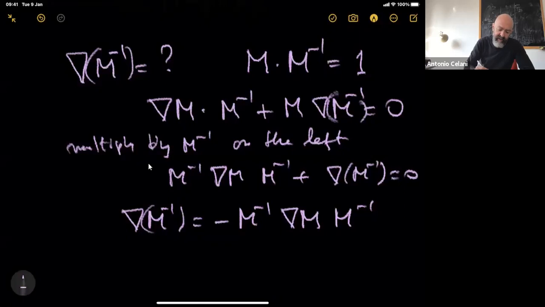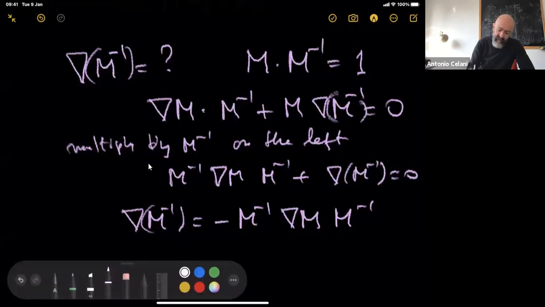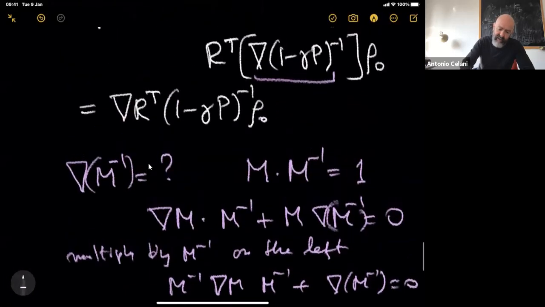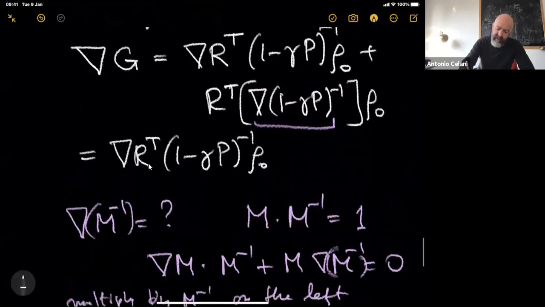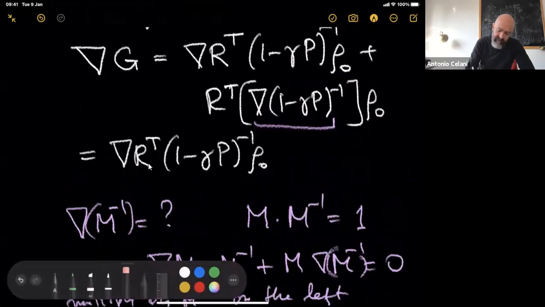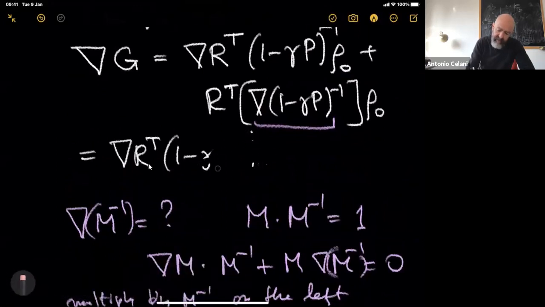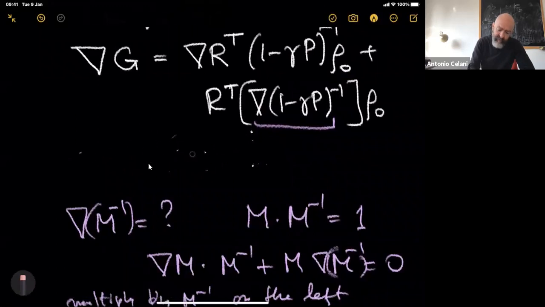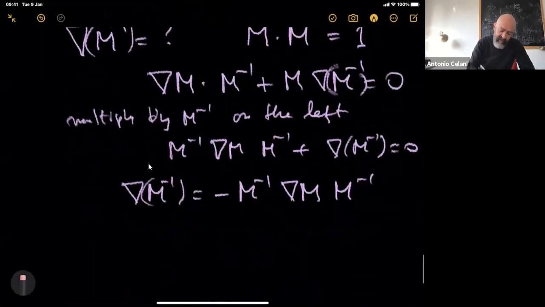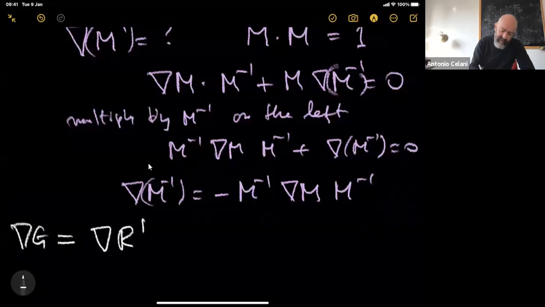Quite straightforward. We can go back to this and ask what happens to this derivative here. It doesn't look nice, so it's better if I erase this and report it below. So we know how to do this gradient now, and I'm writing that grad G is going to be our first part.